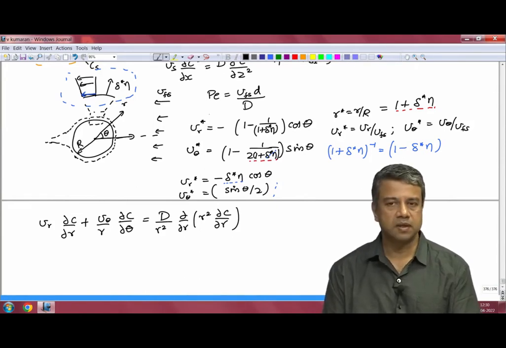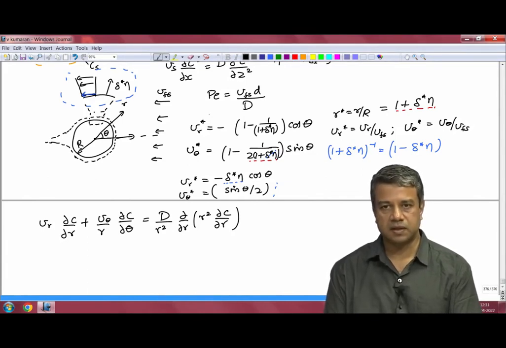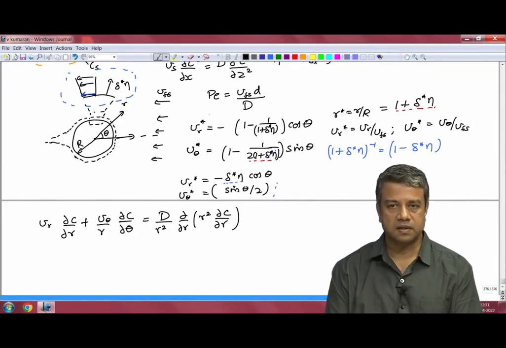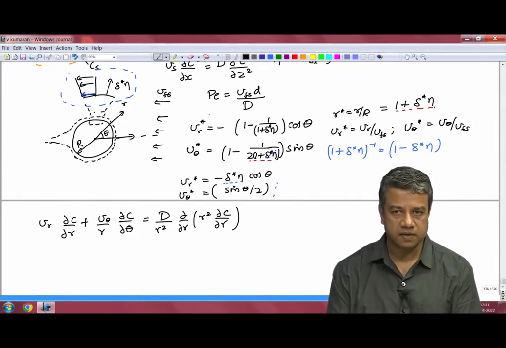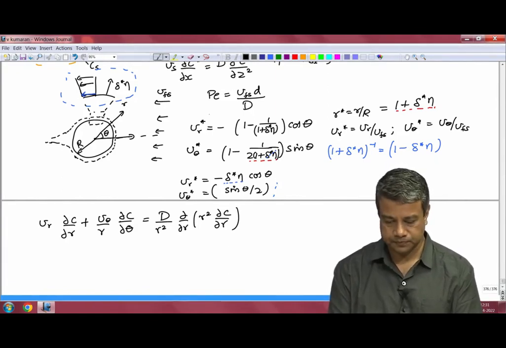There is a balance between convection and cross stream diffusion in this case. Because the boundary layer thickness is small, the flux perpendicular to the surface will be much larger than the diffusion flux along the surface. So, we have neglected the diffusion flux along the surface.